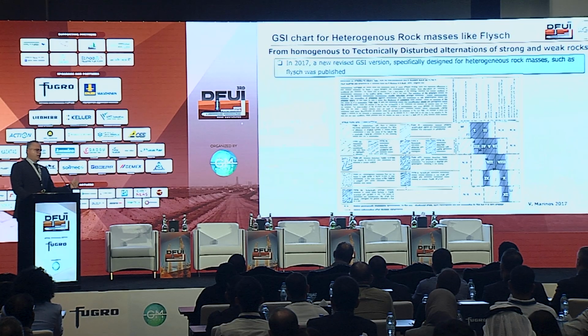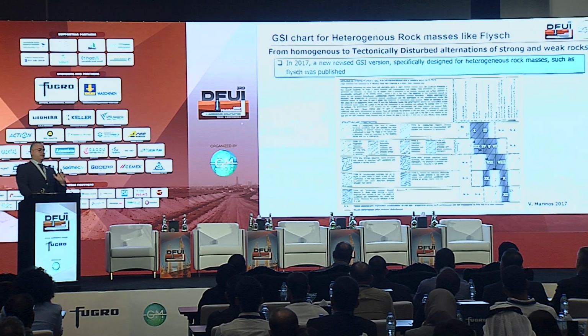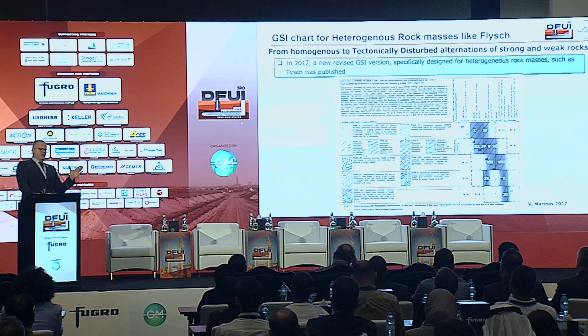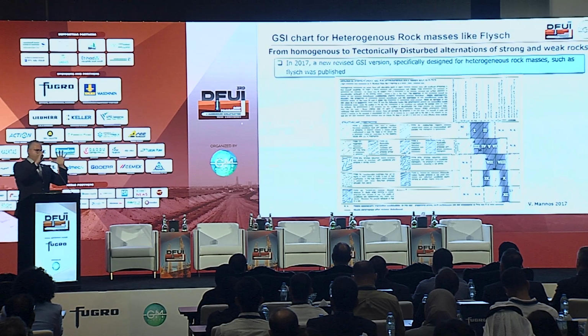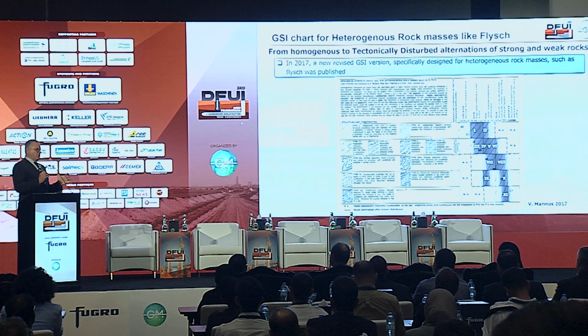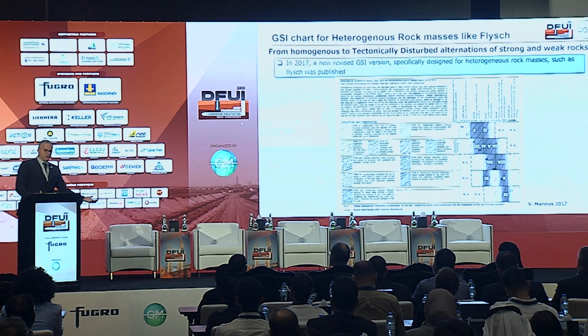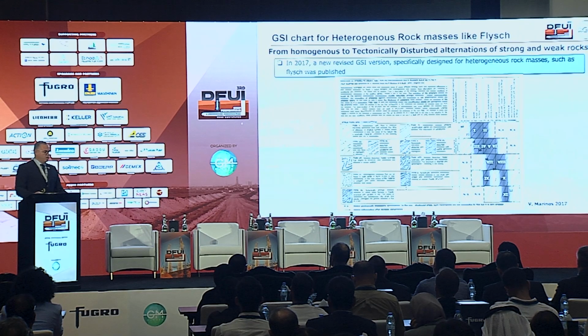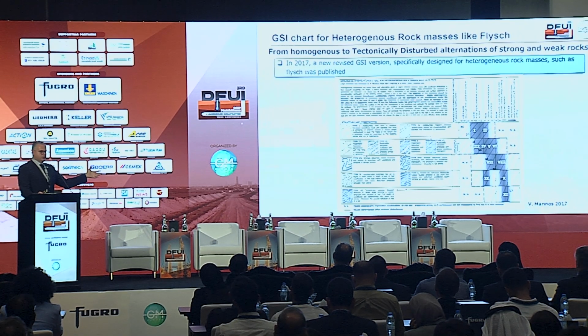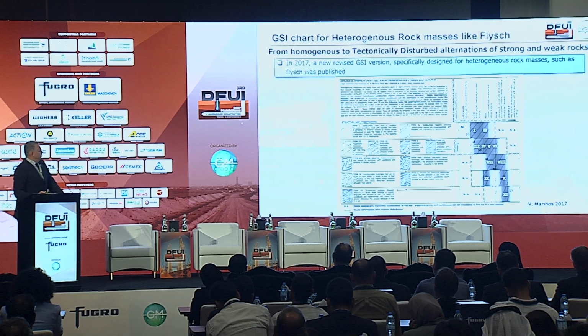So GSI can also help us identify the rock mass types, not only by following +1, +2, +3 criteria in order to identify one number, but also by giving us a map of what we may be missing or what we can encounter, what we are searching for in our geological model. So you see here 11 rock mass types in a heterogeneous environment due to tectonism.